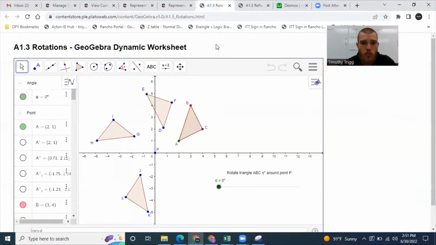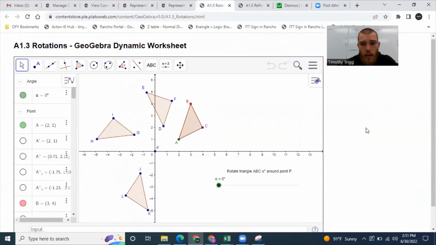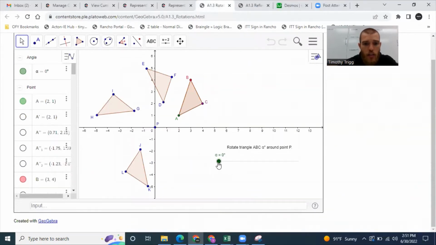So let's go to this GeoGebra, and you can see down here a little green dot, and you could actually move this around. What that does is it changes the angle of rotation of our triangle ABC. So we can rotate it, and when it comes to rotations, you need to know two things. One, the angle of rotation, and two, the center of rotation.